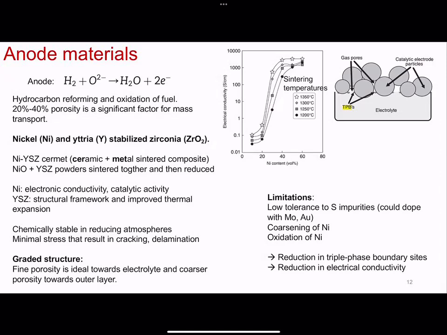Okay, let's continue on anode materials. We'll wrap this up, and then we'll go on to life cycle assessment of fuel cells. We'll focus on polymer electrolyte membrane fuel cells first. We'll touch upon a little bit of solid oxide fuel cells, but there's some overlap there, so I won't be repeating myself too much. And then we'll go on to critical elements.